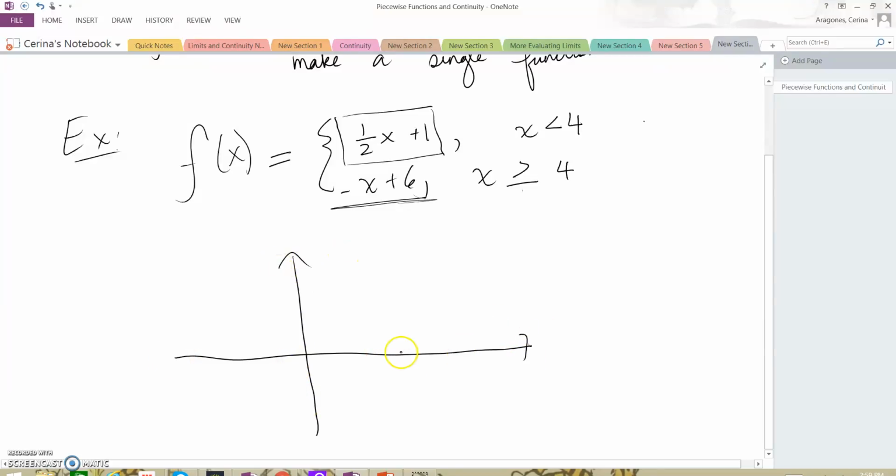so our interval is from x is less than 4, okay? So at x less than 4, it's this line, x, and it goes over 2, down 1, over 2, down 1. So it looks like a straight line.